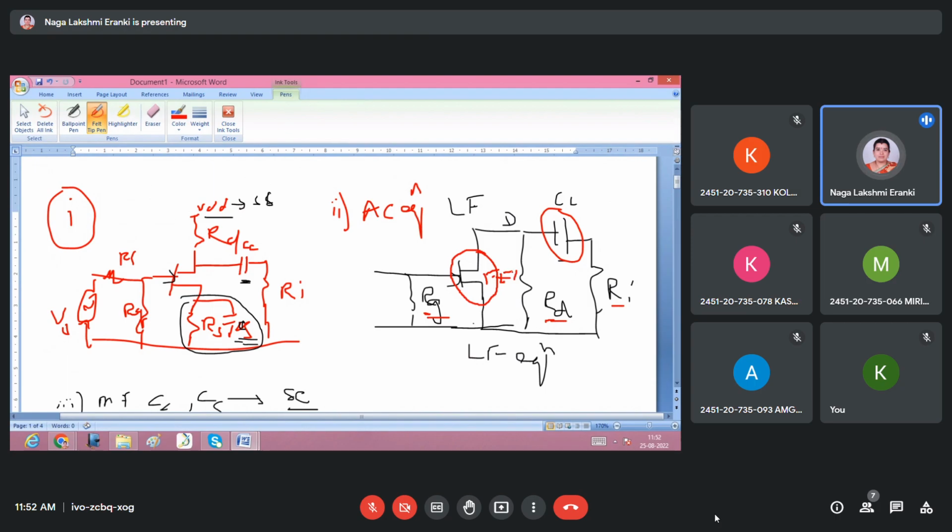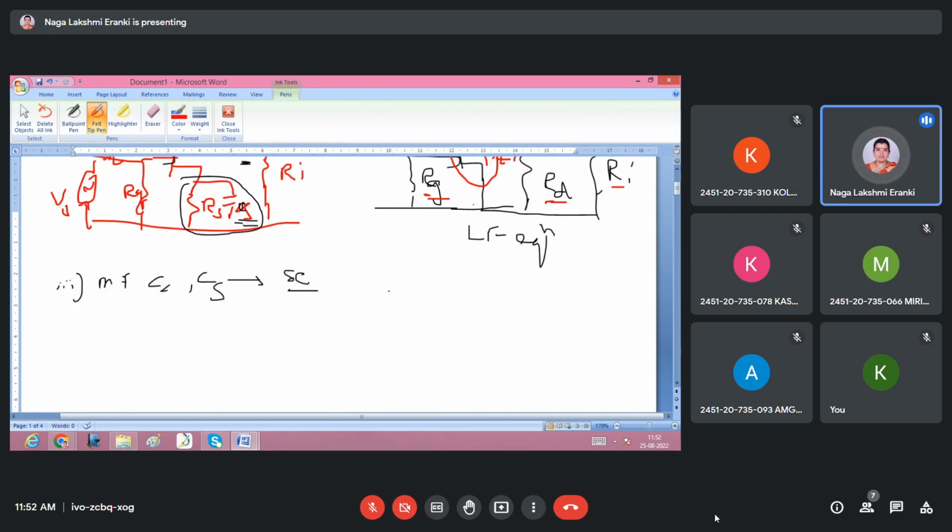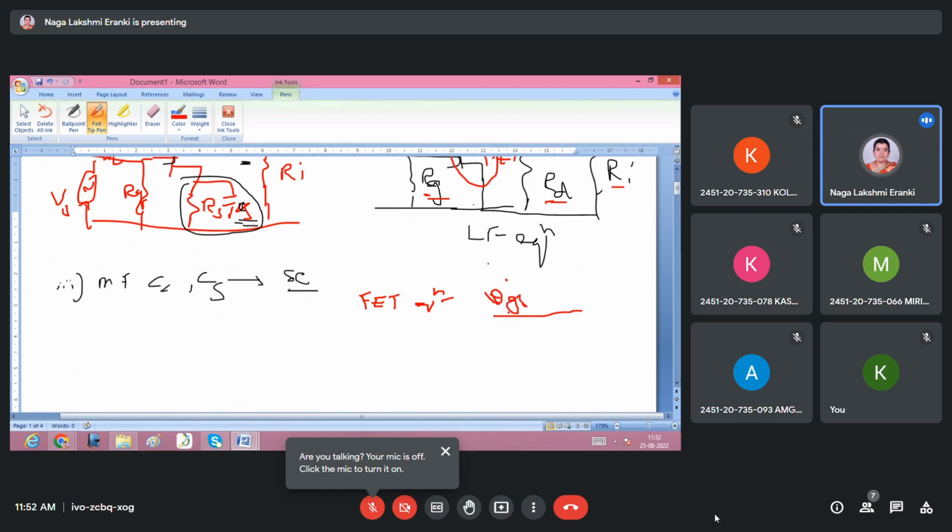What is the FET equivalent circuit? The FET equivalent consists of a very high input resistance, so the input is open. This is VGS, the gate is the input, the source is grounded, and the drain is connected to the output.